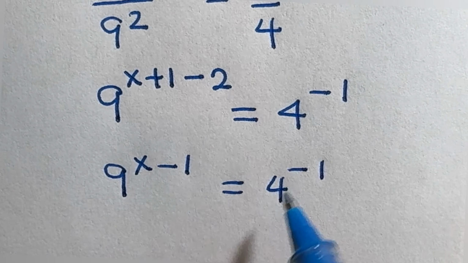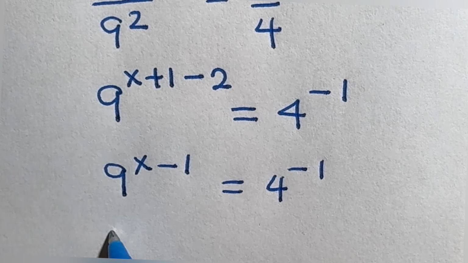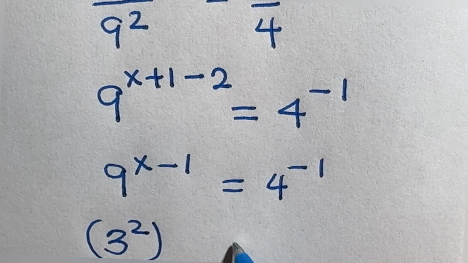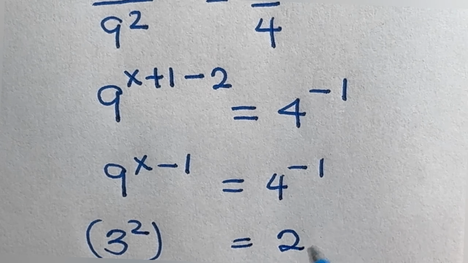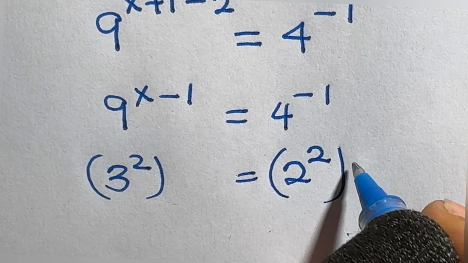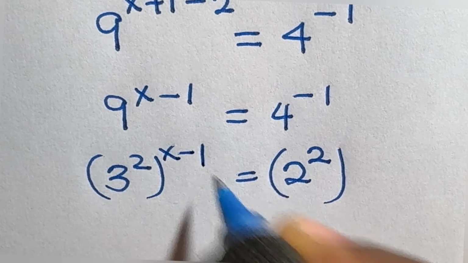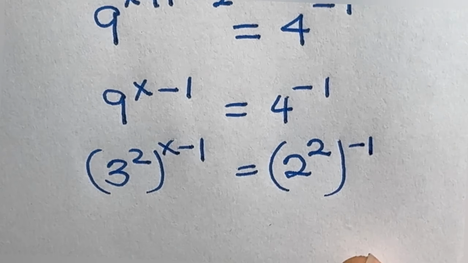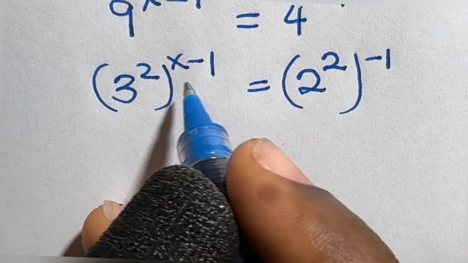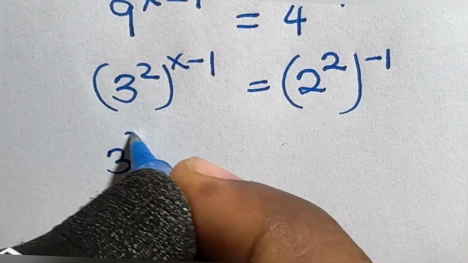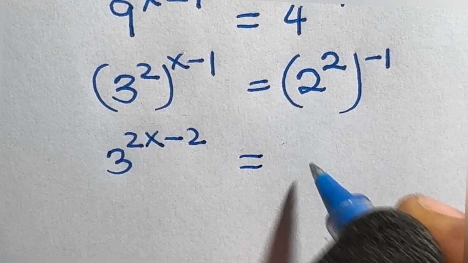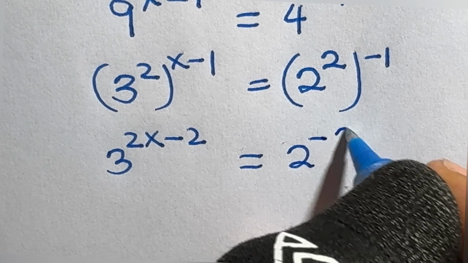Let me break down 9 and 4 into 3 raised to power 2 and 2 raised to power 2 respectively, then raised to power x minus 1, raised to power minus 1. So this gives us, opening the bracket, 3 raised to power 2x minus 2 is equal to 2 raised to power negative 2.